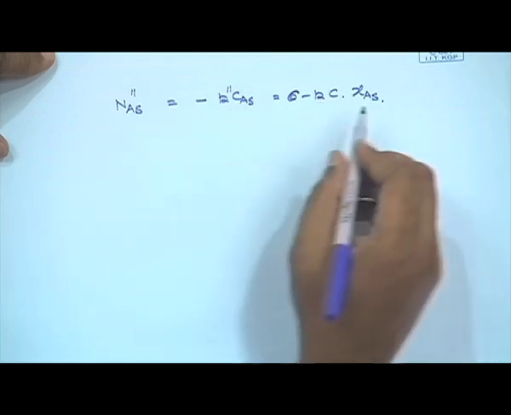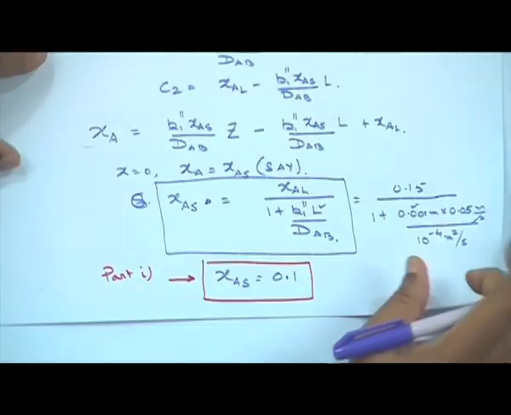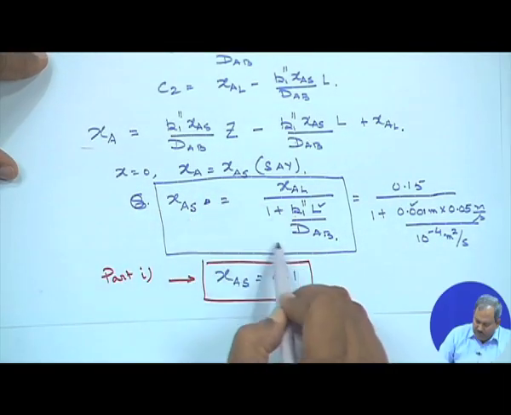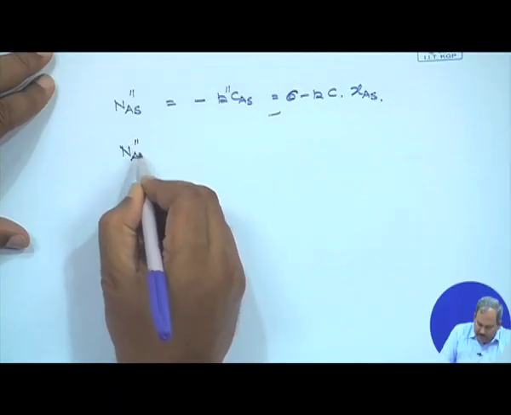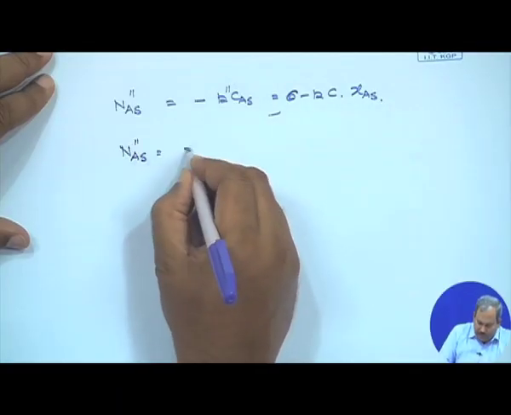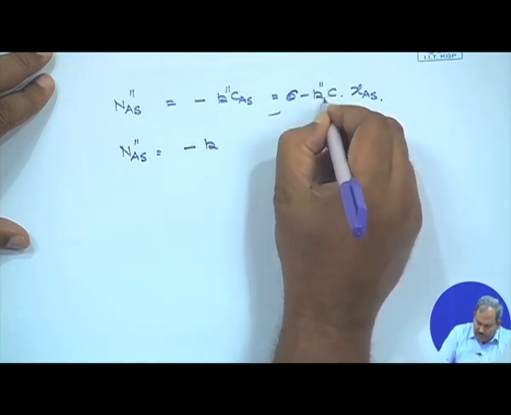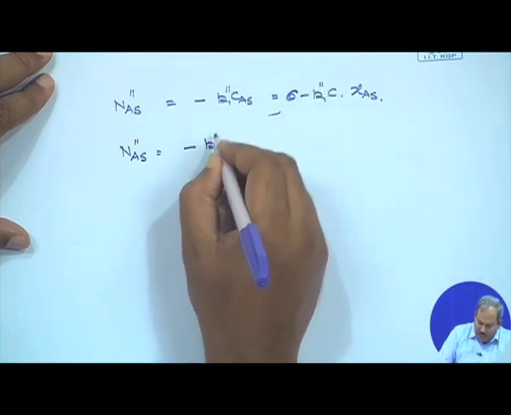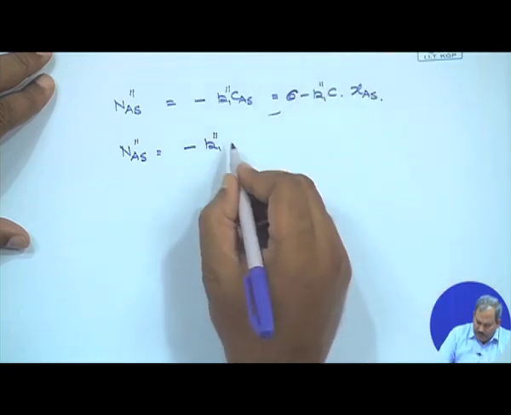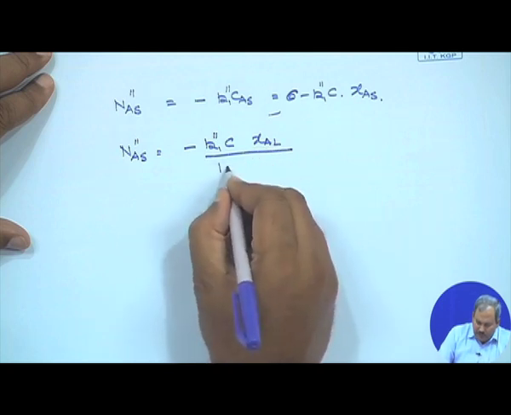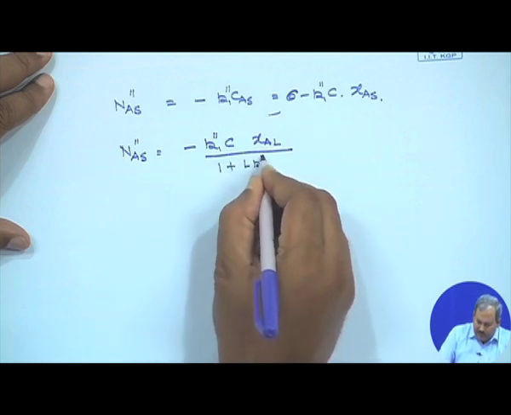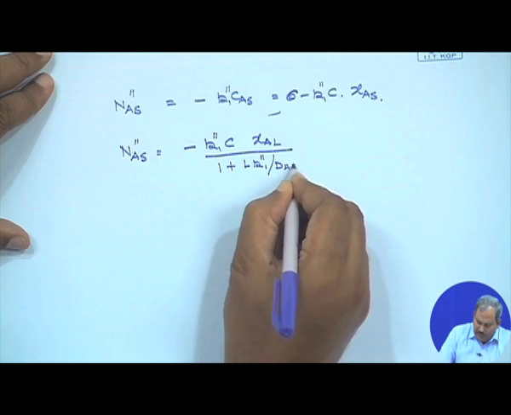You get this formula, and when you substitute the expression of XAS that we have just obtained, you would get NA double prime S equals minus K1 double prime times C times XAL divided by 1 plus L K1 double prime by dAB.